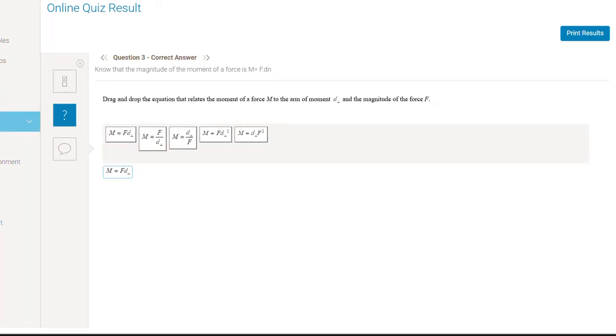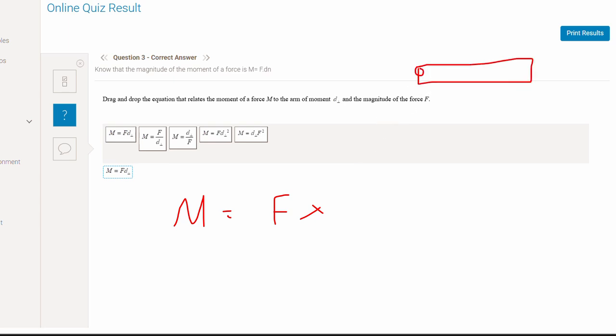Drag and drop the equation that relates the moment of a force to the distance. So this is just purely memorization. The moment is equal to the force times the distance perpendicular to the origin. So imagine you have the stick right here, and this is your origin, this is a force, just so you understand what the rule means.